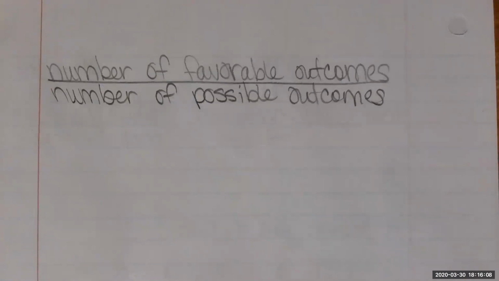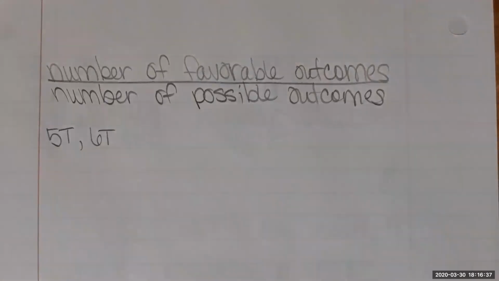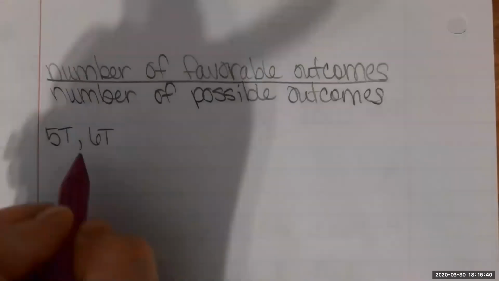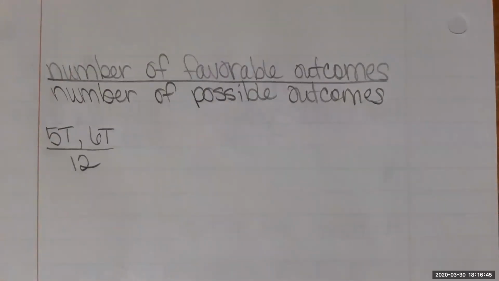All right, so remember, we're looking for the ratio of the number of favorable outcomes to the number of possible outcomes. And again, let's look back in your notebook. We are looking for the possible outcomes of rolling a number greater than 4 and flipping tails. So there are only 2 favorable outcomes, that would be 5T and 6T. And remember, we determined that there were 12 possible outcomes.